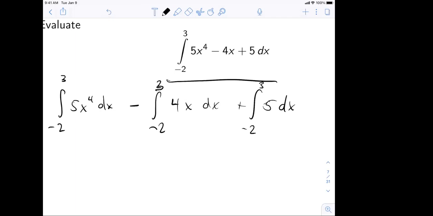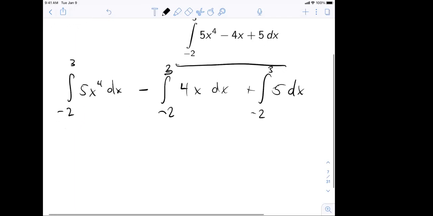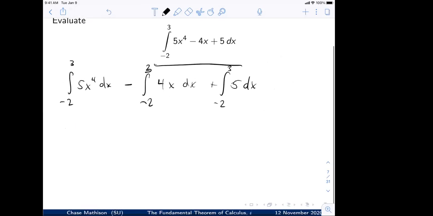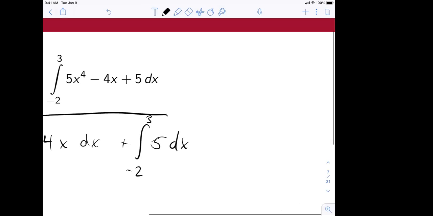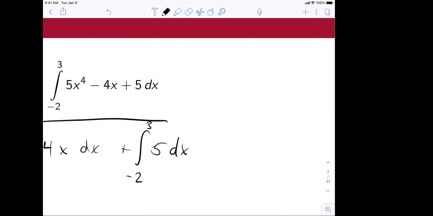So the integral of 5x to the fourth, this is a bunch of powers of x. Something I've been using, but I'm going to write out explicitly right now, is the power rule for integration.